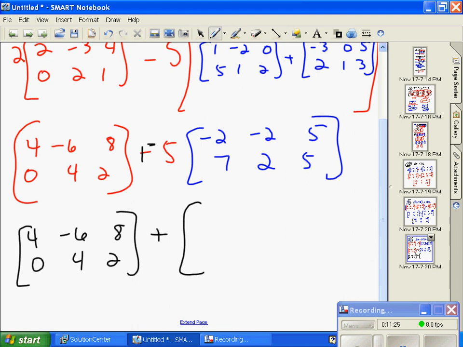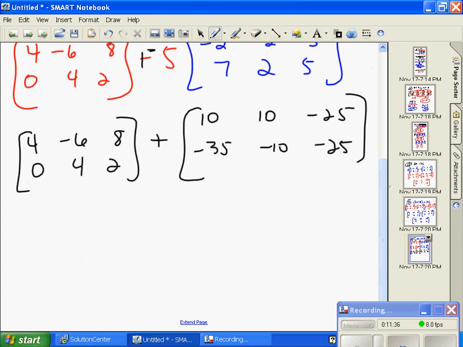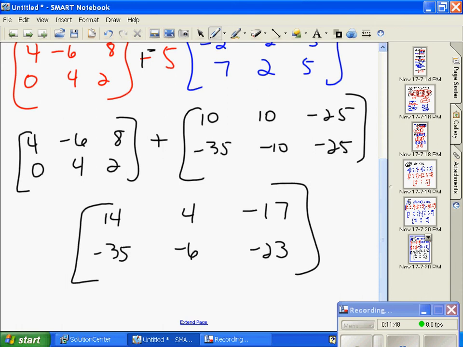Multiplying everything by negative 5, it's going to be a positive 10, negative 25, negative 35, negative 10, negative 25. Now I'm ready to add those two matrices together. Final answer, 14, 4, negative 17, negative 35, negative 6, negative 23. There it is. Thank you very much. Have a great day.